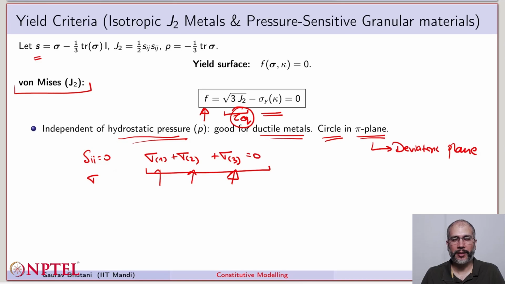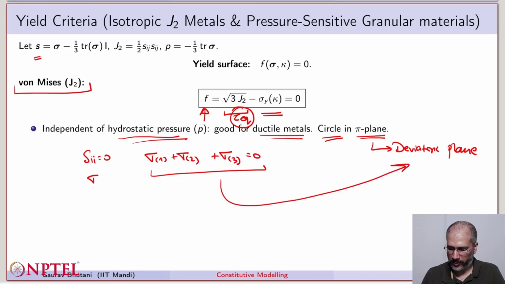So this is that x plus y plus z equals 0 plane that passes through the origin. This is the same as the deviatoric plane in our 3D stress space, and it's called the pi plane. Whatever points exist in this plane are basically denoting states of stress which are all deviatoric stresses.